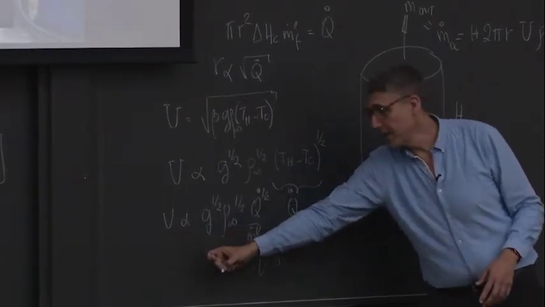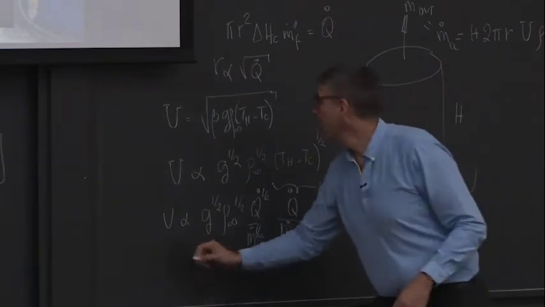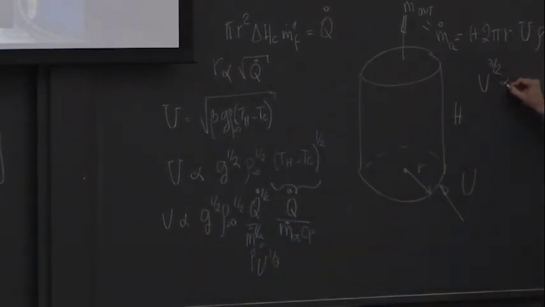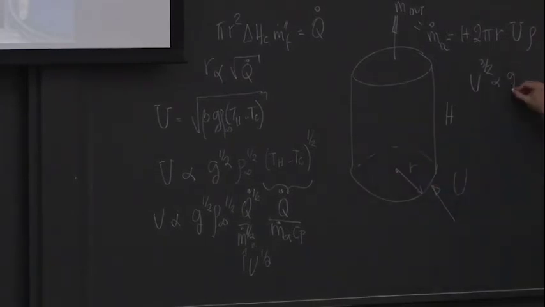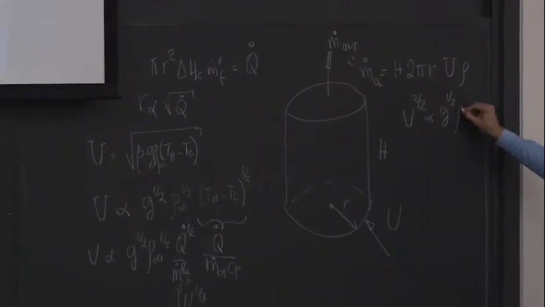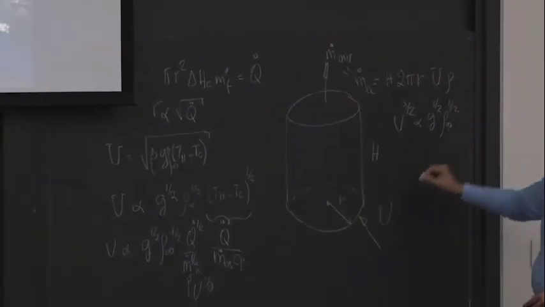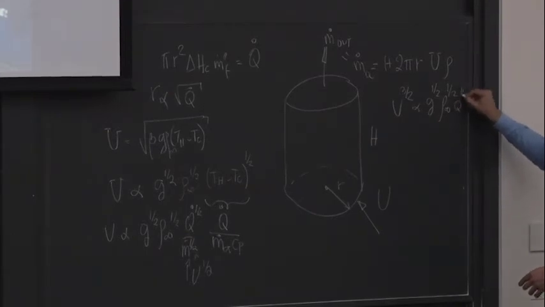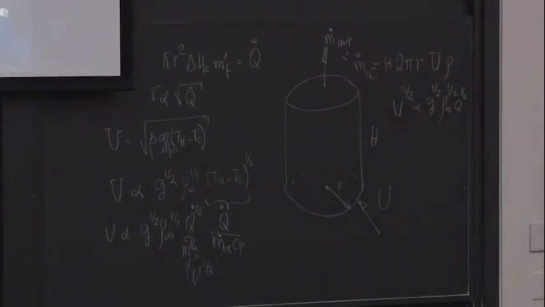So effectively, I'm going to get u to the 3/2 is proportional to g to the 1/2, to rho infinity to the 1/2 and to Q to the 1/2. Everybody happy?